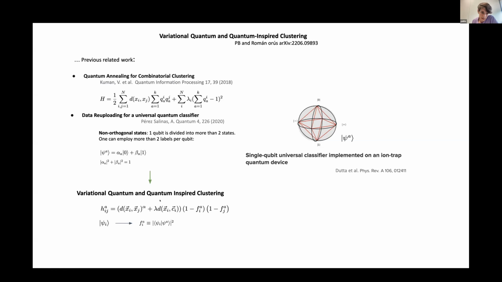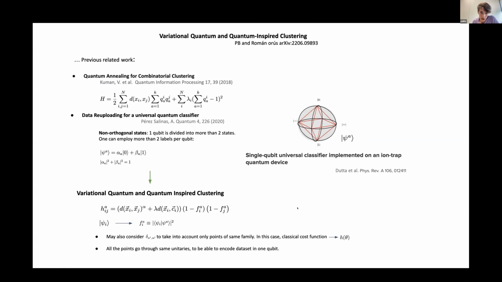This is just for you to have again an intuition of how the cost function could look like. You again have distances describing the distributions inside your data set. Right now, we are looking at distances between each point and the centroid of the family each point belongs to, and these F's in here are just fidelities, pointing out how far your points are from a certain label.